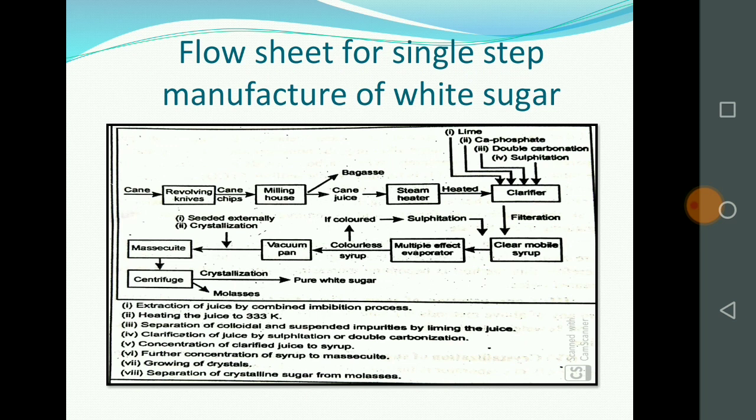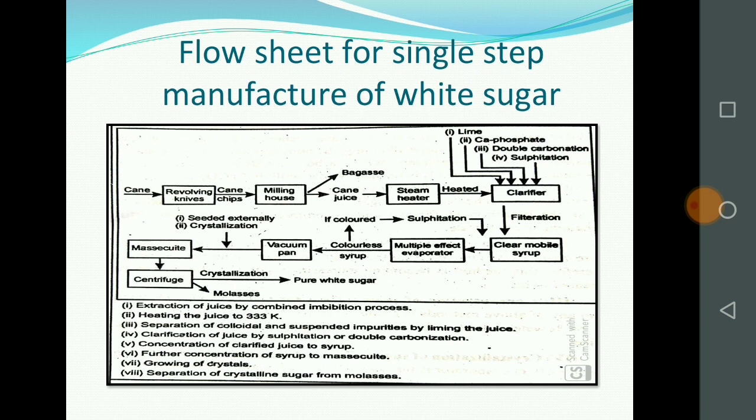Besides these, it also contains fine pith, fiber, and also some colloidal matter. They affect crystallization of sucrose and impart color to it, so they are removed by either sulfitation defecation process or by carbonation defecation process.